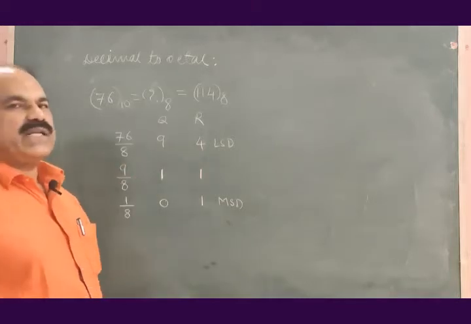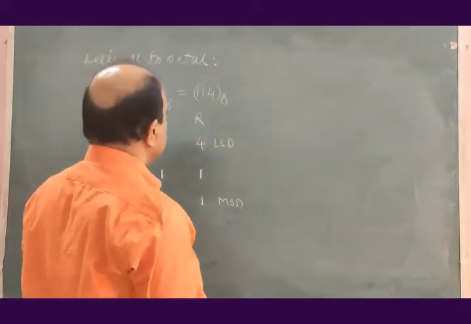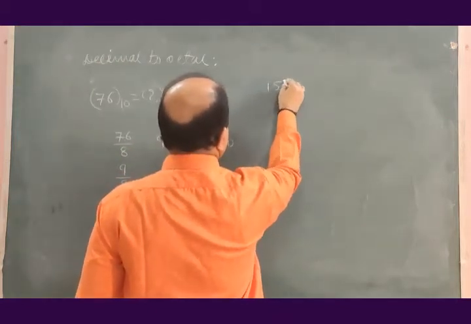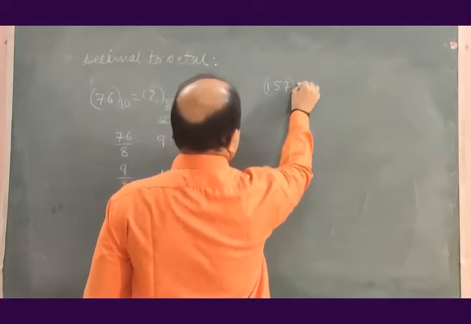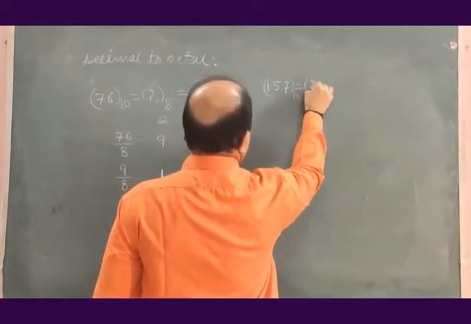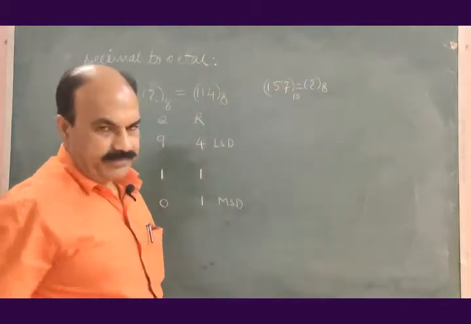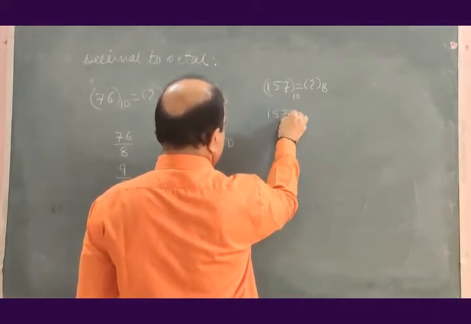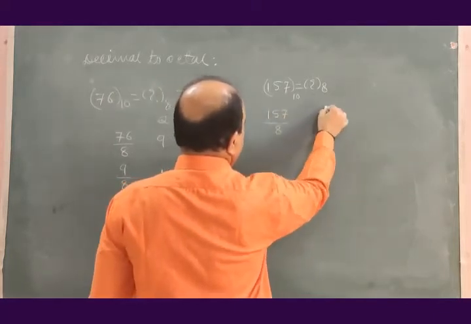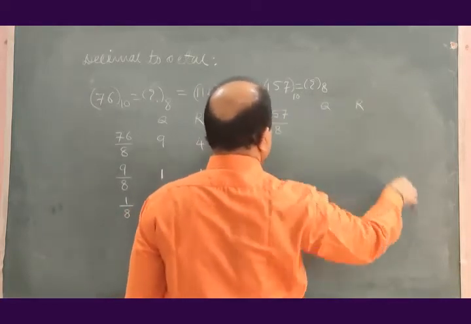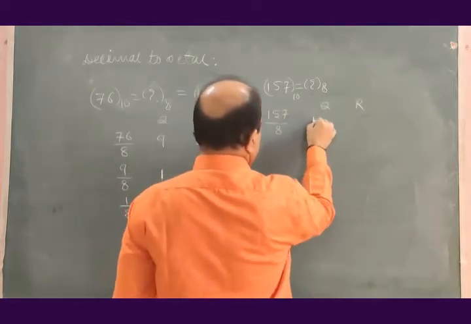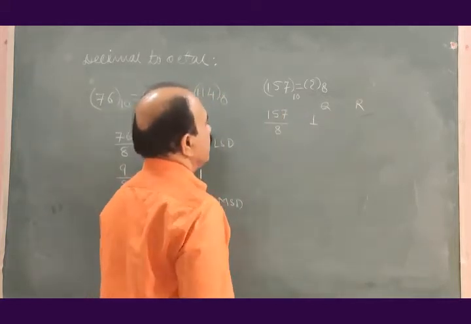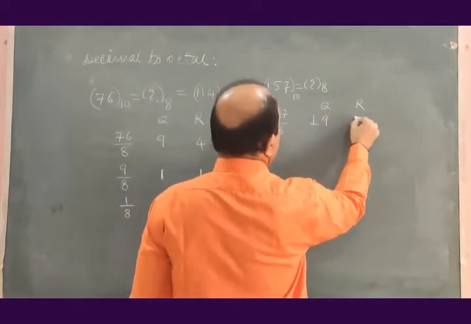Let us go for one more example. Let us convert 157. 157 divided by 8, quotient, remainder. 8 ones are 8. 7 is left, 77. 8 nines are 72.